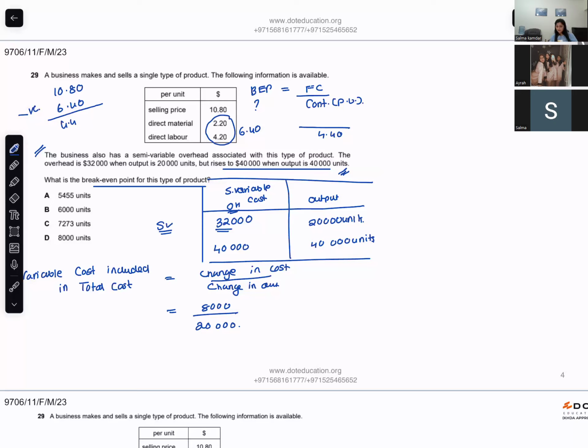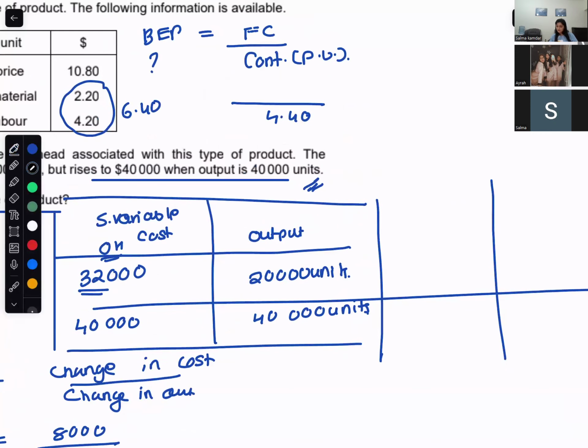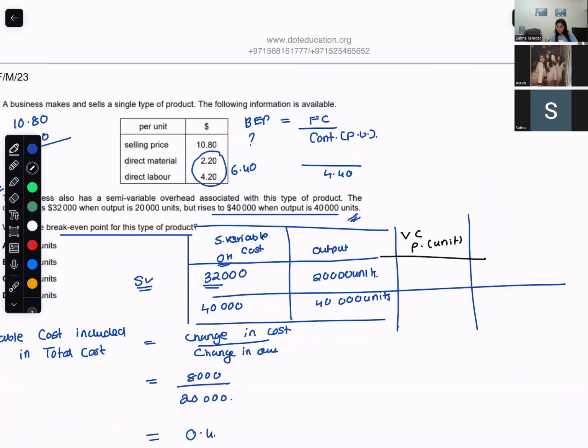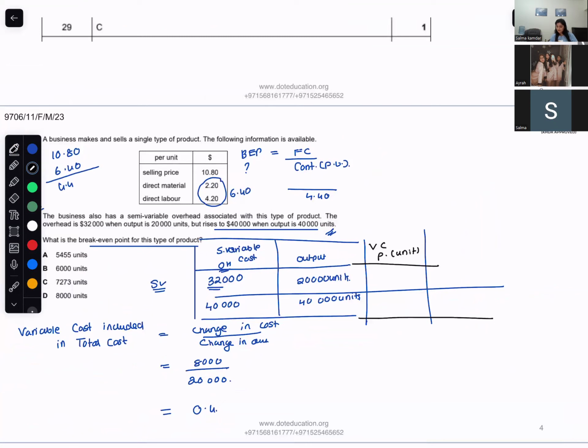So variable cost included in total cost is 0.4. My variable cost per unit is how much? 0.4. So find out the total variable cost for 20,000 units. So 0.4 into 20,000 is 8,000.